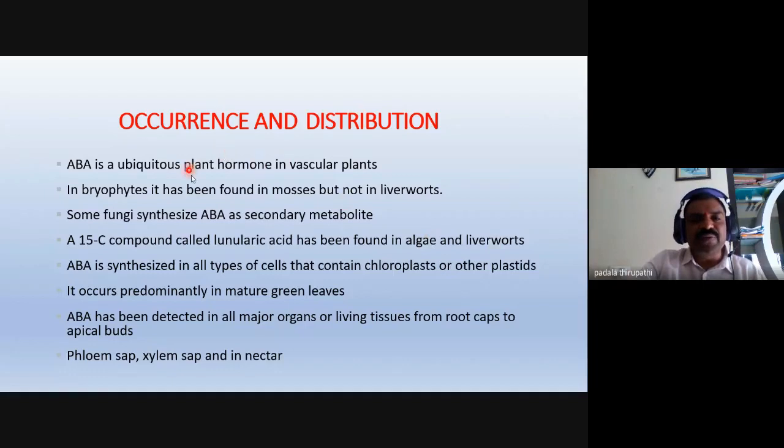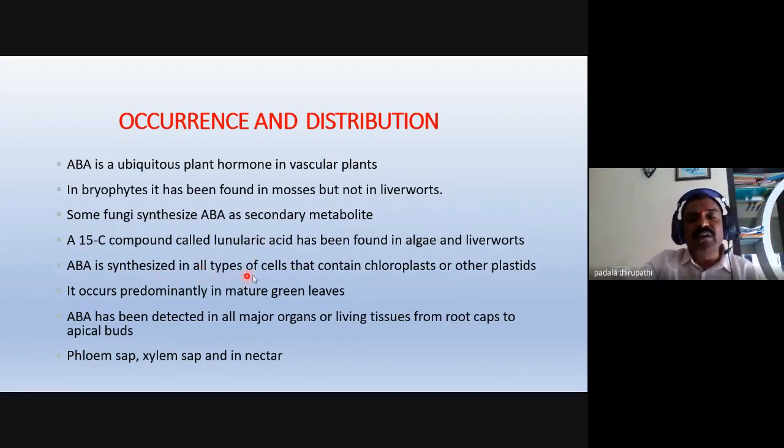My dear friends, remember what we discussed earlier: abscisic acid is synthesized only in moss plants, not liverworts and hornworts. But here, the 15-carbon compound lunularic acid, a type of growth inhibitor like abscisic acid, is found in algae and liverworts also.